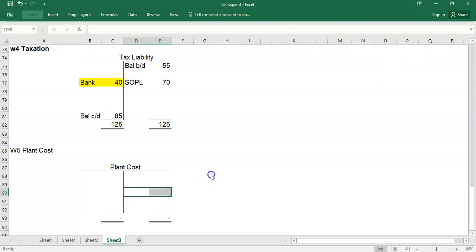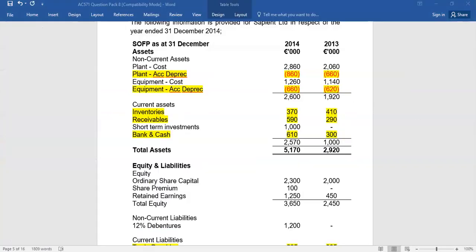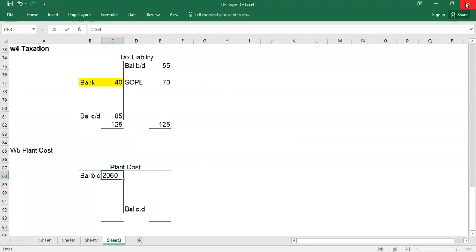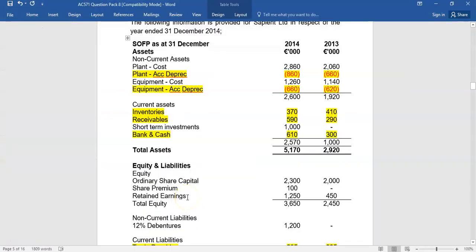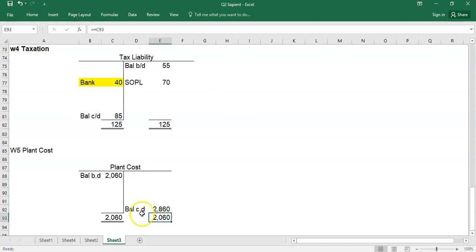In other questions you'll see they'll just give you plant net book value and they'll go at it differently. So you have your balance brought down, you have your balance carried down. So the opening balance in plant was 2060. The closing balance at the end of the year was 2860. So what they're asking you to do is explain how you went from 2 million up to 2.8 million.